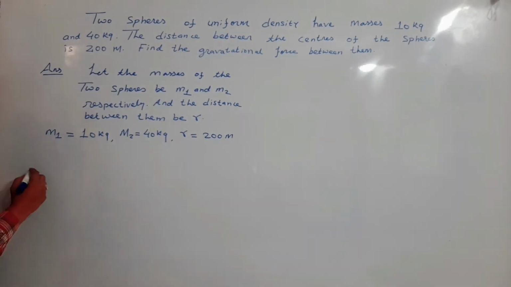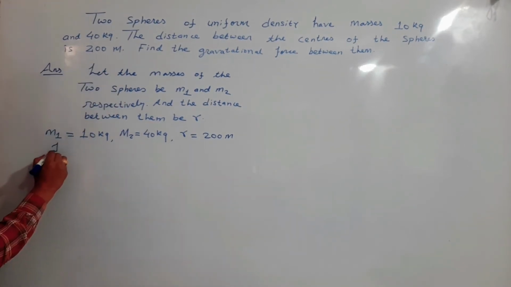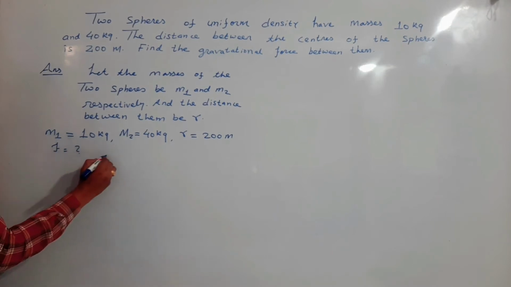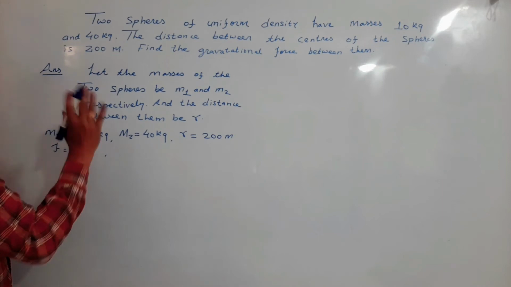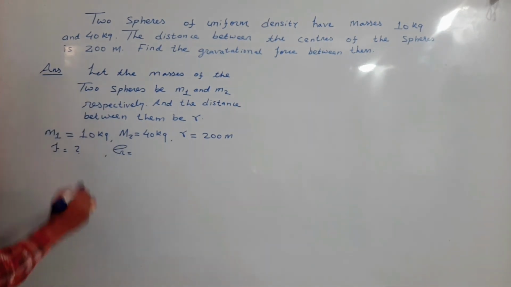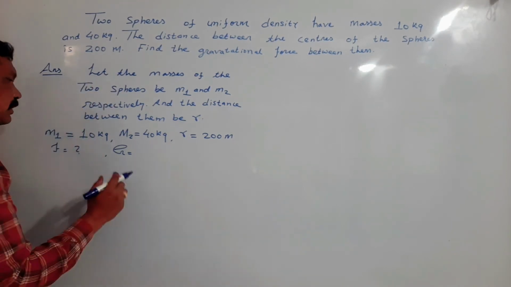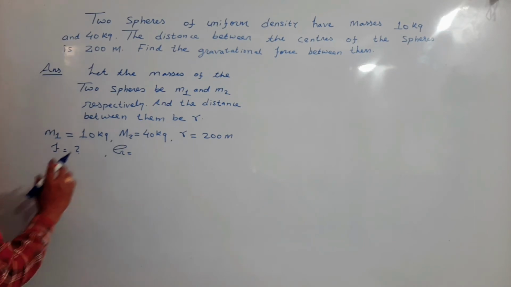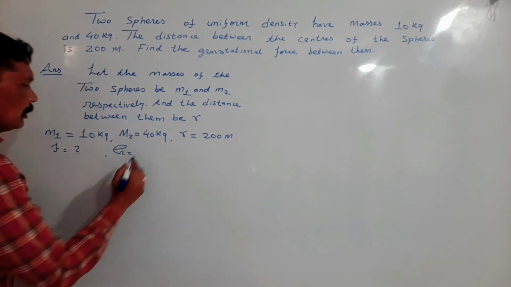My dear student, here finding the gravitational force is asked. F we have to find, but my dear student, here the gravitational constant is not given. So capital G, the value you should learn and keep in mind. If it is not given in the question, you should know the value of capital G in order to solve the problem.